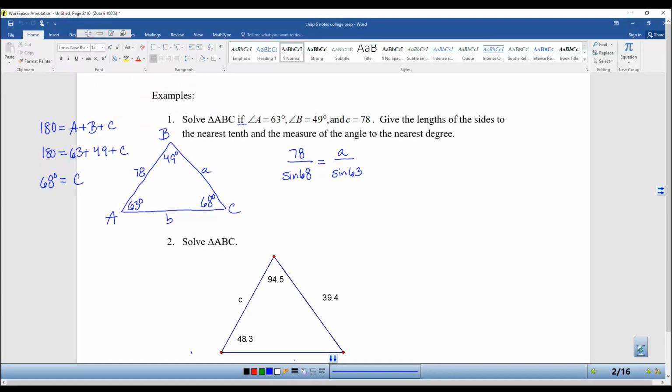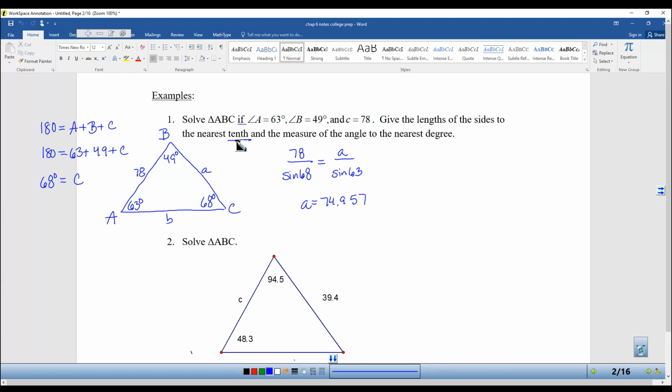When you turn on your calculator, make sure that you are in degree mode, and then you can do 78 times sine of 63, divide that by sine of 68, and you'll get a is equal to 74.957.